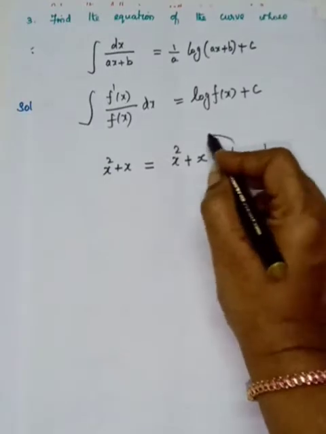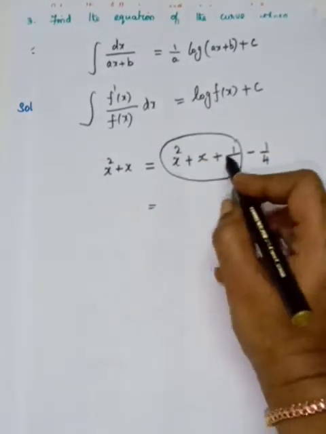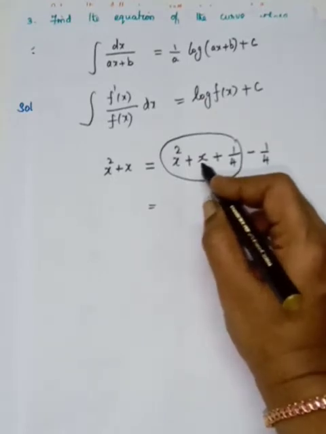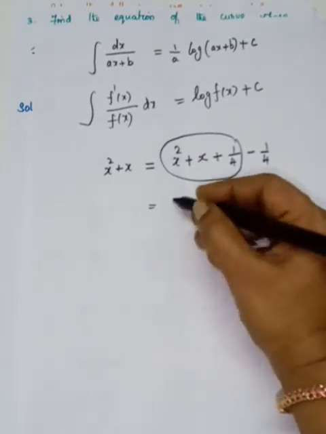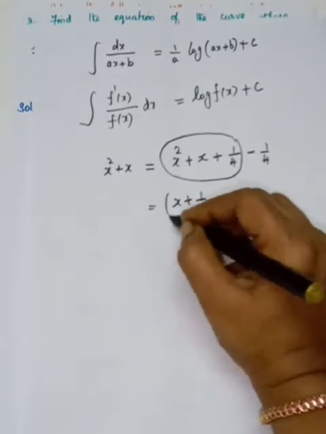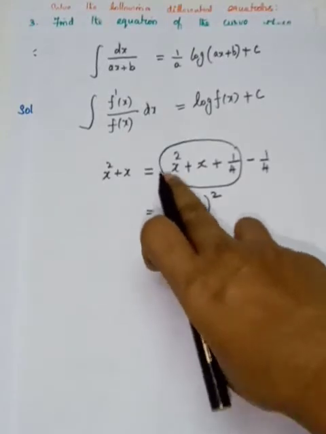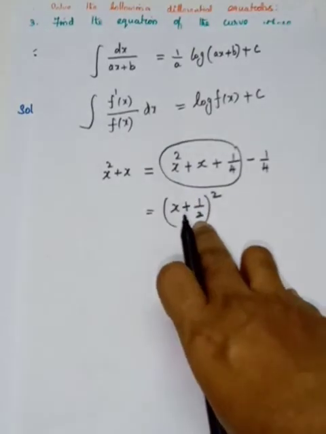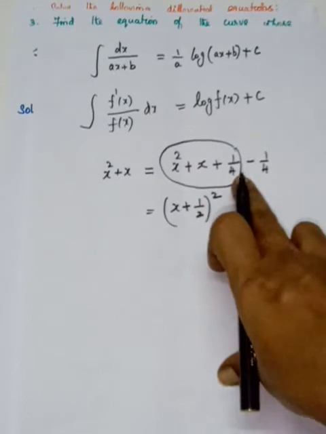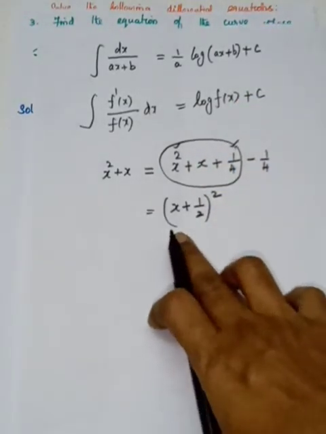So see the first term, it is in the form of a squared plus b squared plus 2ab. Therefore it will be x plus 1 by 2 the whole square. If you expand, a squared is x squared, b squared is 1 by 2 the whole squared, which is 1 by 4, and 2ab is 2 into x into 1 by 2.